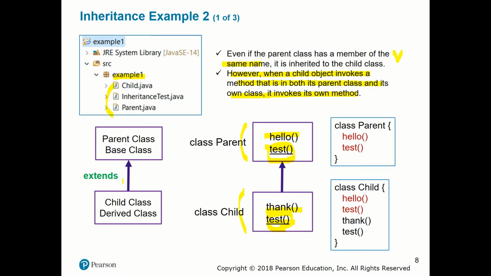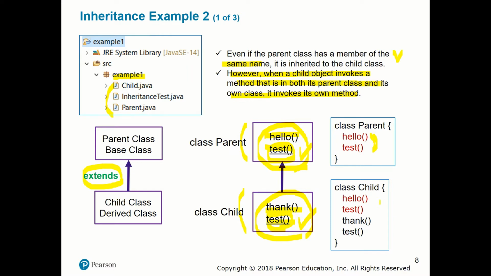If you use extends to use inheritance, then the child can have all the members of the parent class, right? So if a parent has hello and test, and child has thank and test, so tests are both in parent class and child class. And this means that parent class has only this method, right?